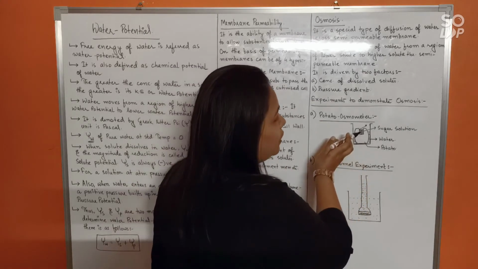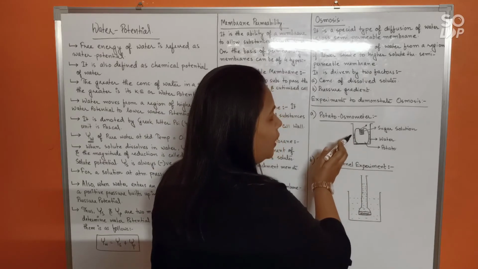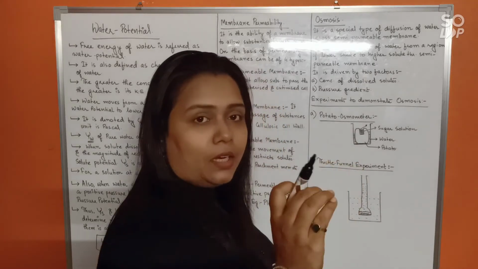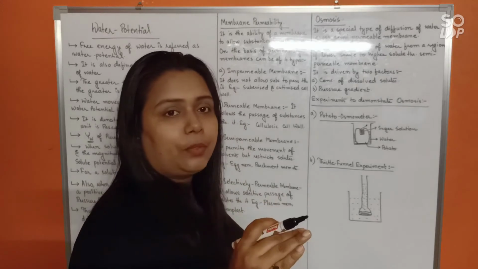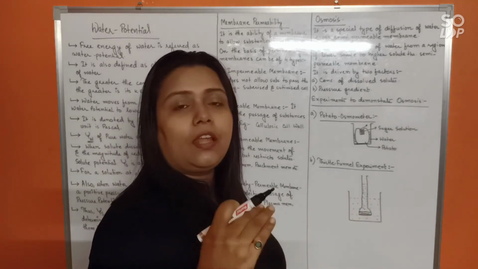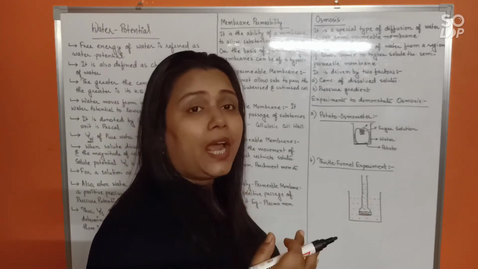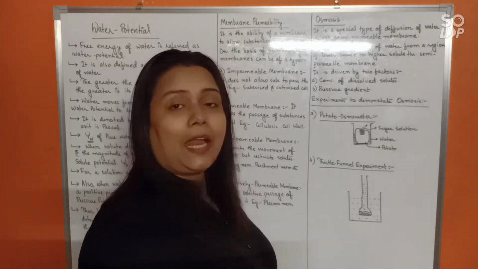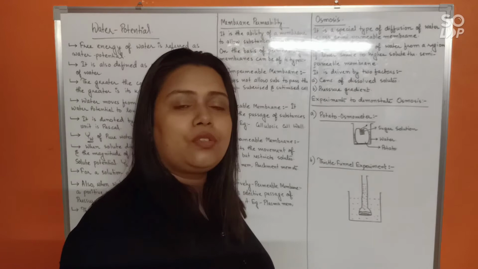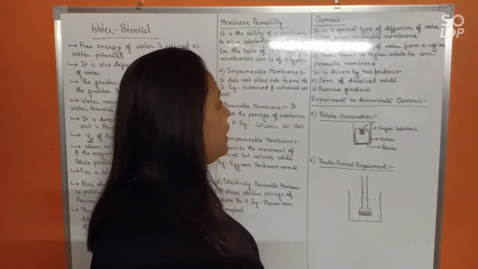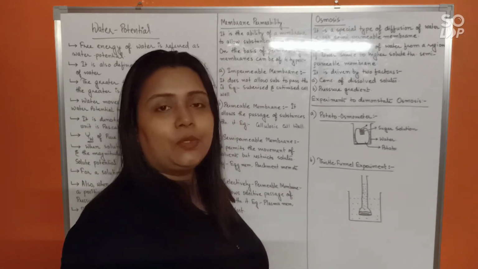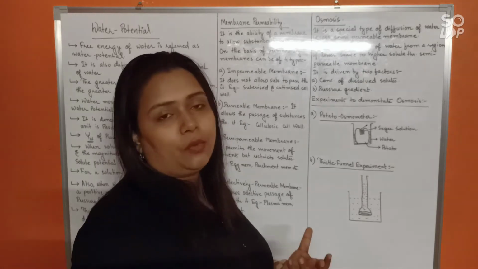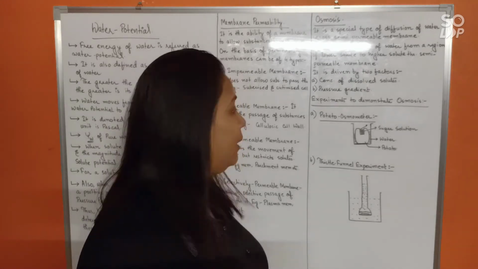So the level of sugar solution here will rise up. So if already you have marked the level of sugar solution inside the potato, later on when the level inside the potato rises, you can easily understand that, right? So that way you can determine osmosis to occur. Alright. So this is a very simple experiment that you can perform at your home as well.